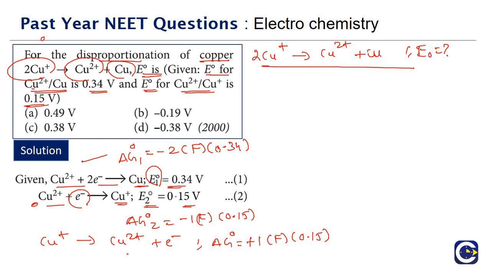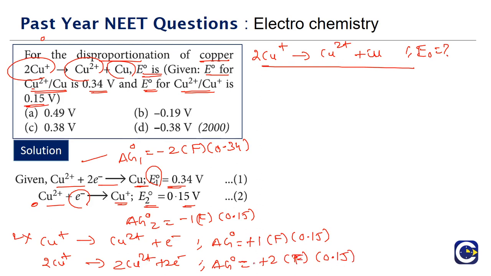Then we multiply this by 2: 2 Cu+ going to give us 2 Cu2+ and 2 electrons. Del G naught also has to be multiplied by the same factor, so it becomes 2 into F into 0.15.